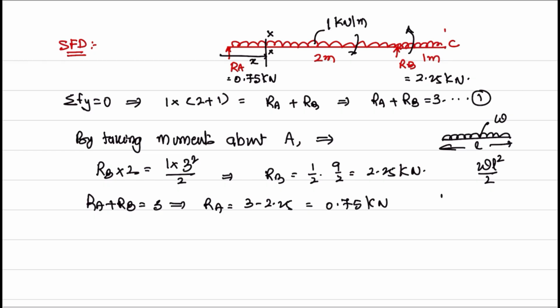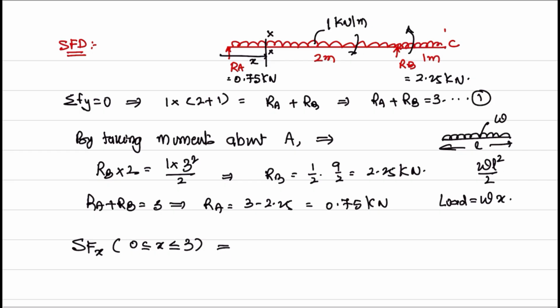Load is equal to W into X, downwards. Hence, the shear force at X, for 0 less than or equal to X less than or equal to 3. What is SFX?